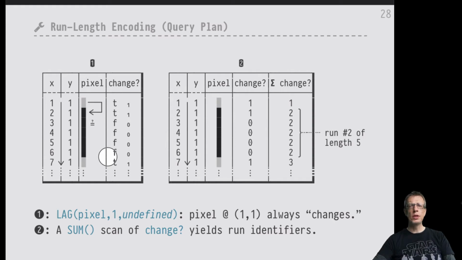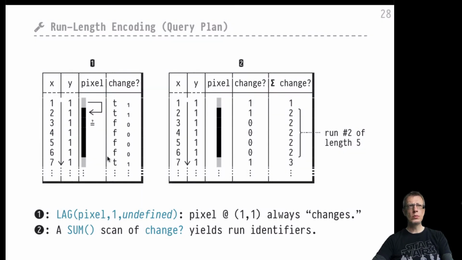All right. Again, much like in the sessionization example, for the first pixel, the first white pixel here, we would always consider it to be changed from, say, an undefined pixel color that is assumed to be the very first, the zeroth pixel of the image, if you will.